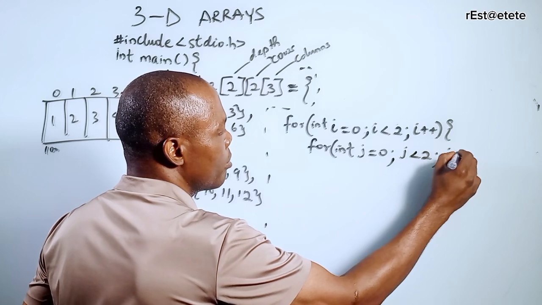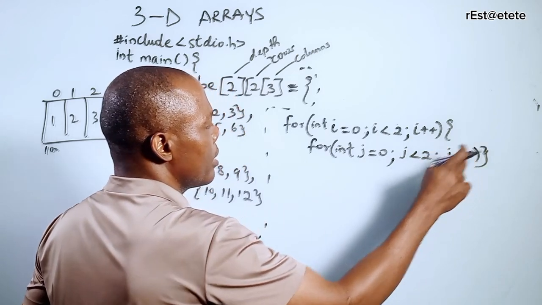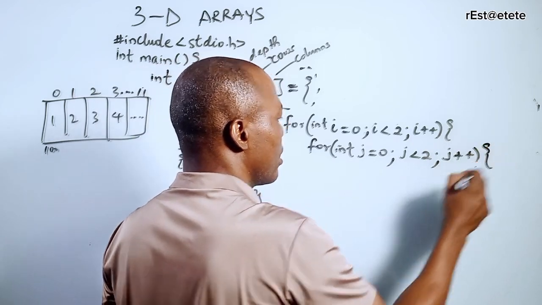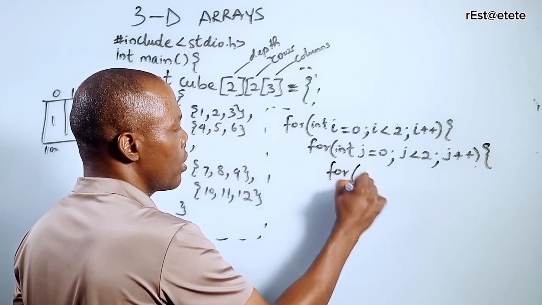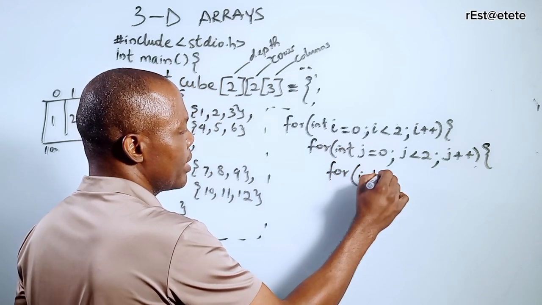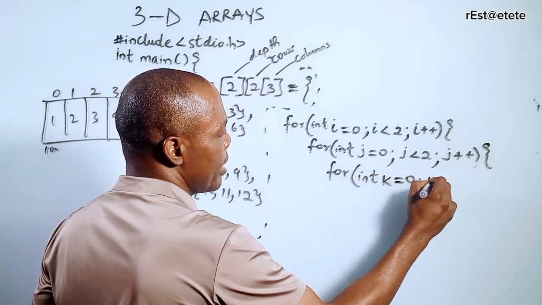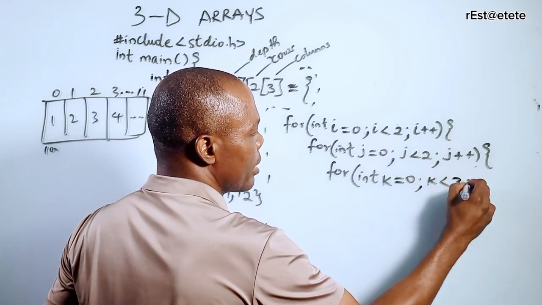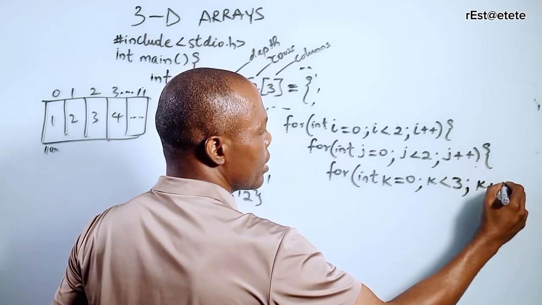Then j plus plus. Now inside this for loop again, we have int k, assign 0. k less than, this time around k is column, 3. So we have k plus plus.